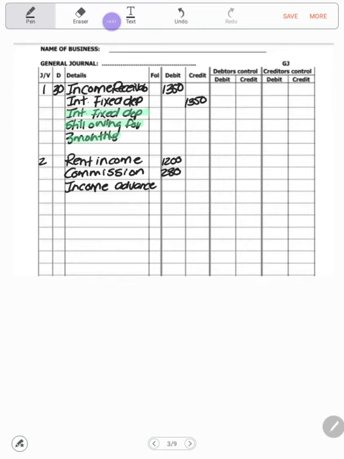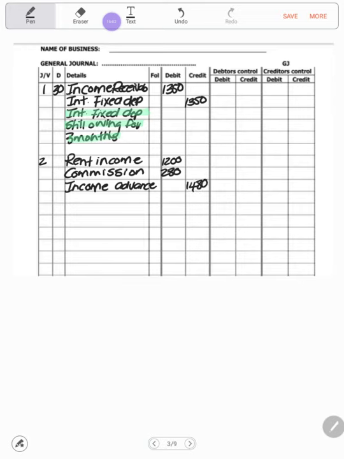Okay, the reason why I started off with income receivable is because there was only one entry over there, and I'm ending off with income received in advance because I'm adding the rent income as well as the commission income to get a total of all my income received in advance for that current financial year, and this should give me a total of 1,480.